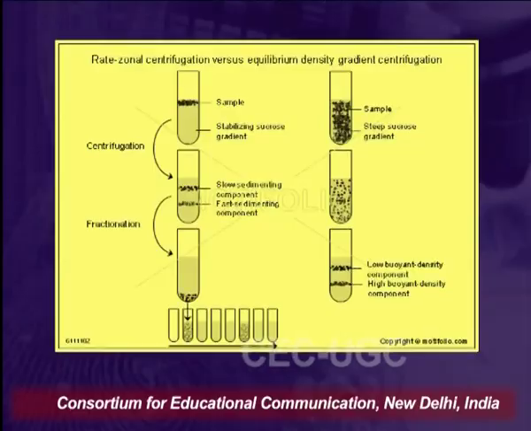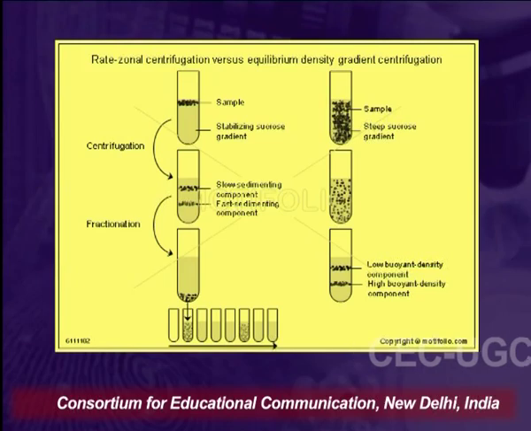So, in rate zonal and isopycnic sedimentation, we can divide based on the different zones where we are separating on the basis of density. Whereas in isopycnic, we make the density gradient with a sucrose layer and the separation happens depending upon which layer the sample takes.